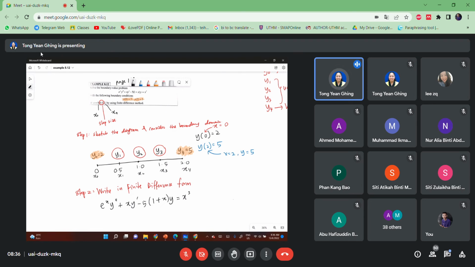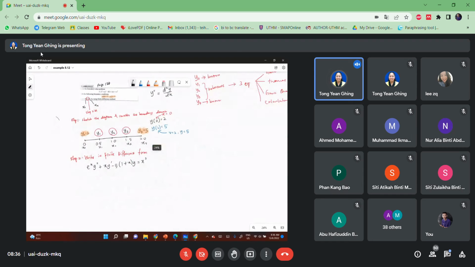Now I will have to change this y double prime into the finite difference form. The formula that I asked you to remember, remember this formula.